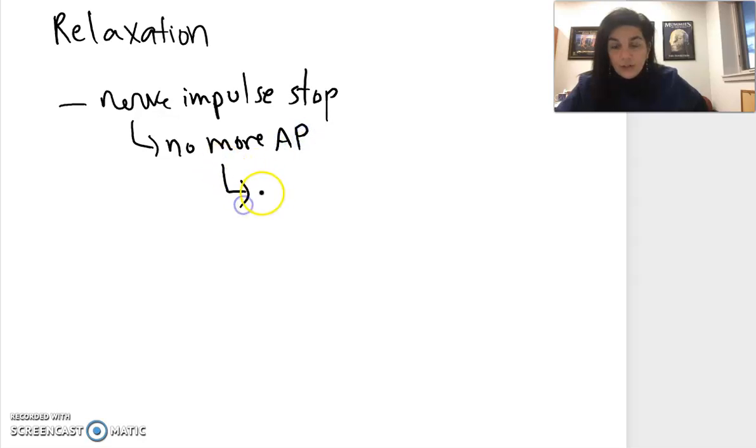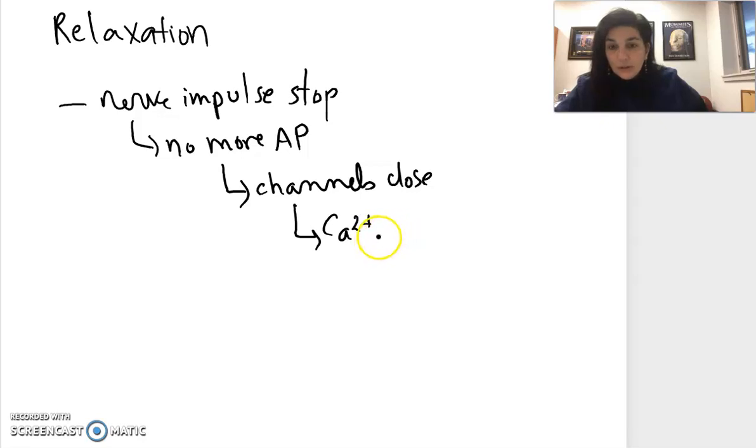So the voltage gated channels are going to close. There is no more escape of calcium ions, and calcium is going to be pumped back into the sarcoplasmic reticulum. Calcium pumped back in the SR requires ATP. So pumped means there is ATP needed.